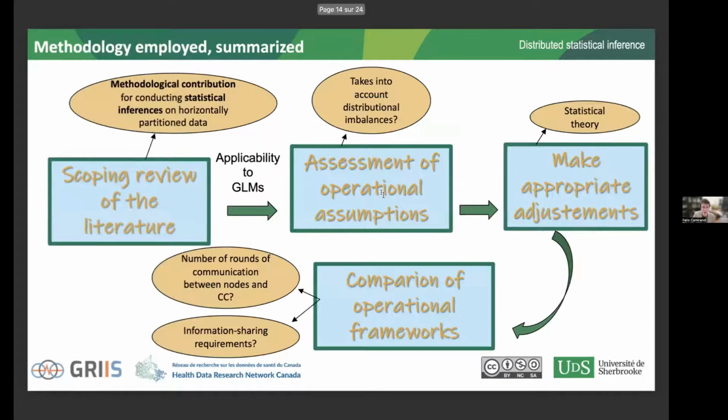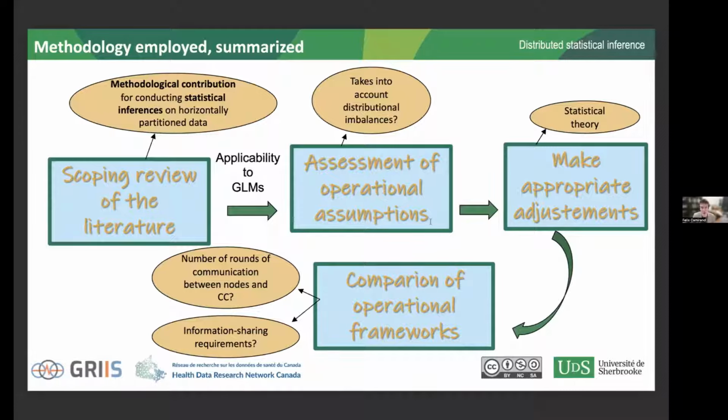So what we did with this work was first to do a scoping review of the literature to see which methods are available to analyze horizontally partitioned data, and we haven't restricted that to application to healthcare because, as I mentioned, it is usually doable to adapt the existing method to take into account imbalances in sample sizes and heterogeneity between node to node predictor distribution.